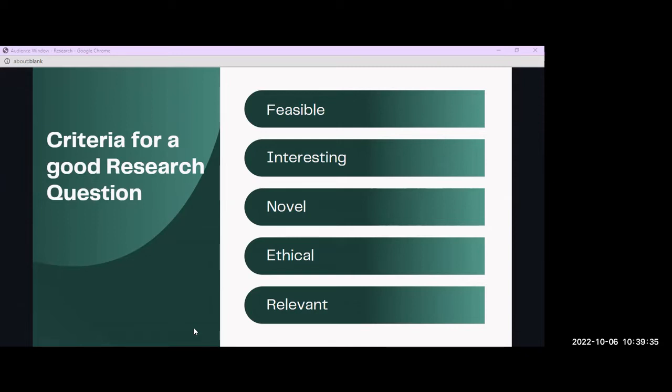The research must be interesting. Your research must be novel, ethical, and relevant.